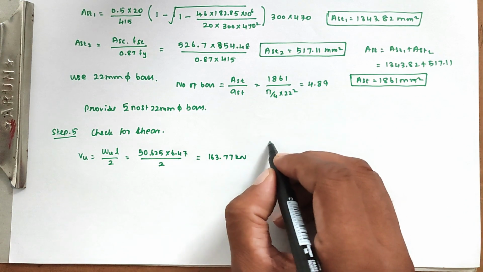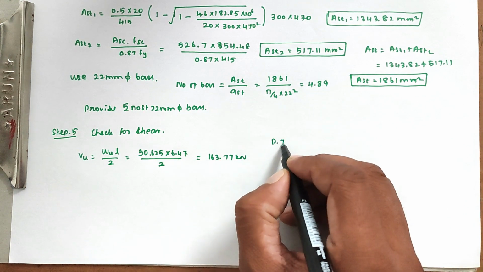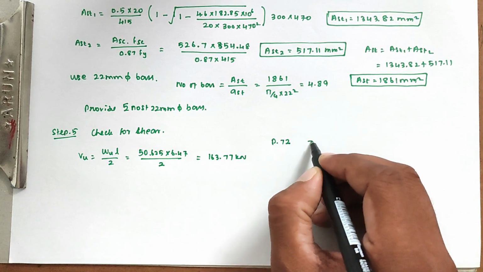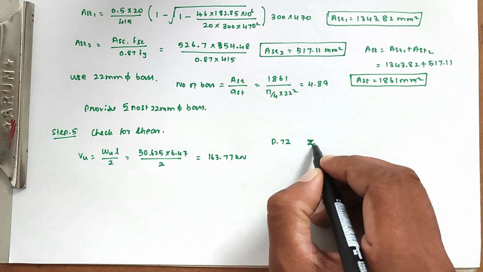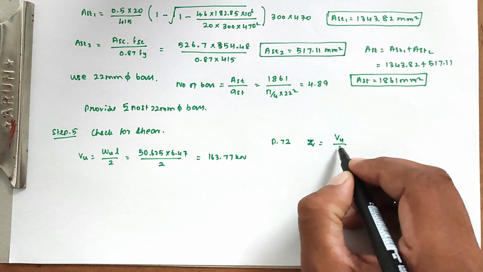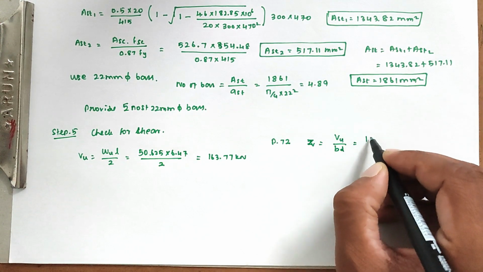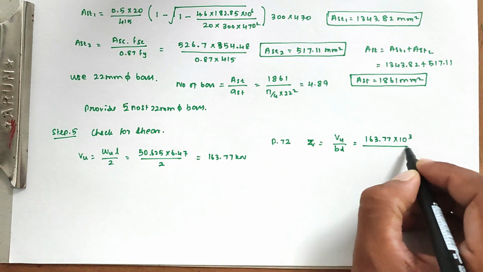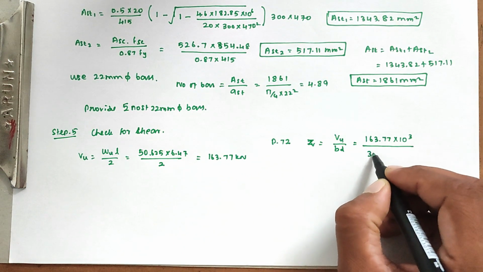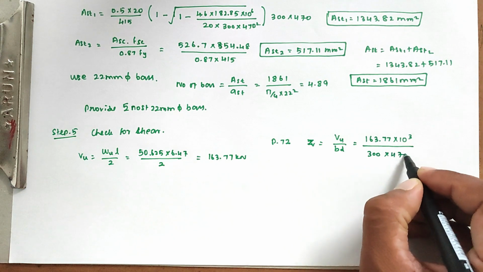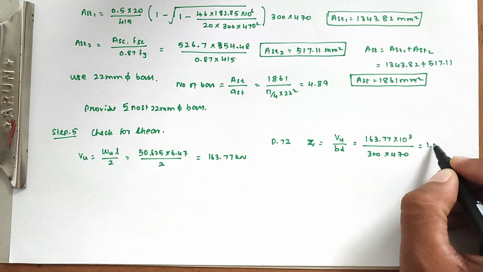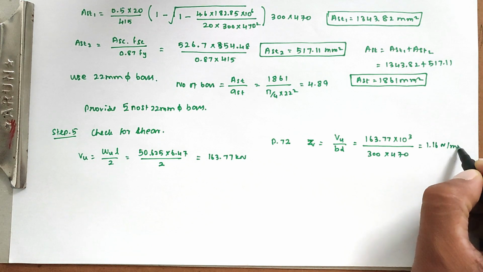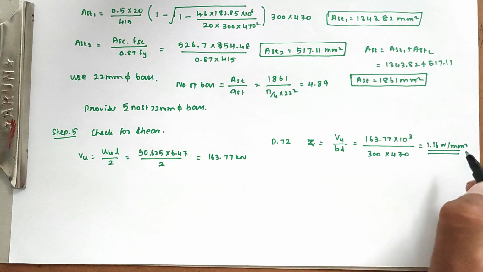So now from IS 456 page number 72, tau V equal to Vu by BD. So 163.77 into 10 power 3, so we can convert into Newton. So B is 300 into 470. So now we got the value of 1.16 Newton per mm square. So this is the tau V value.